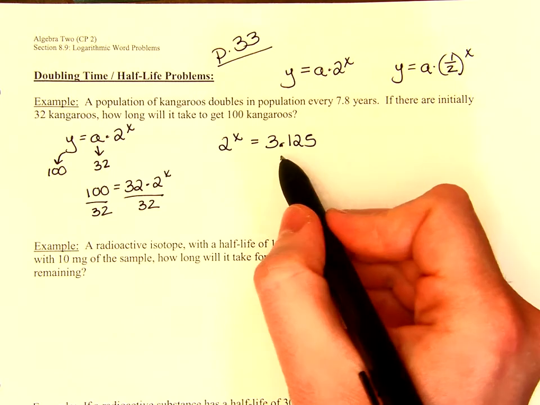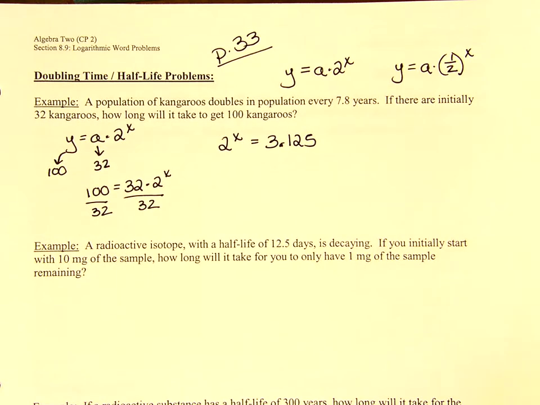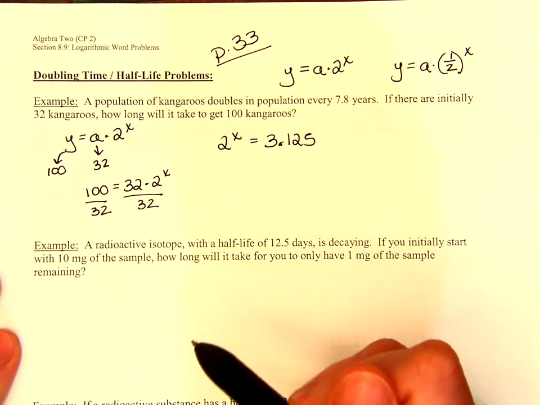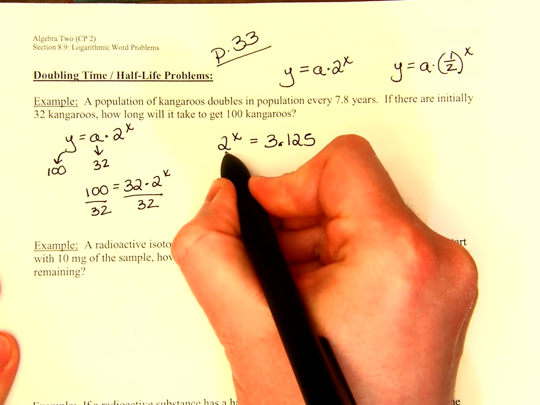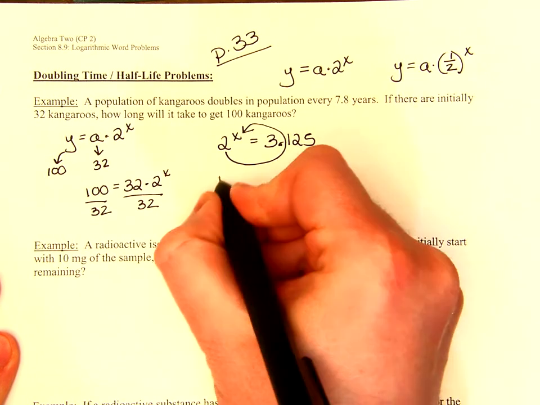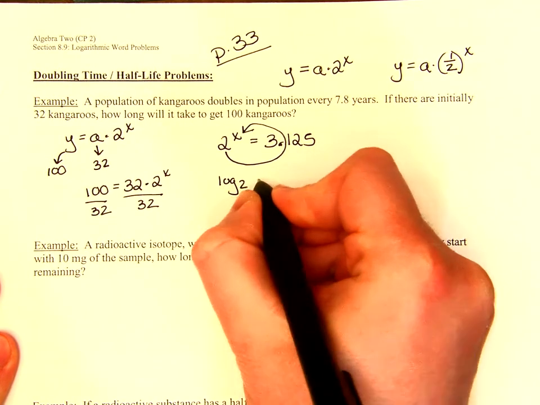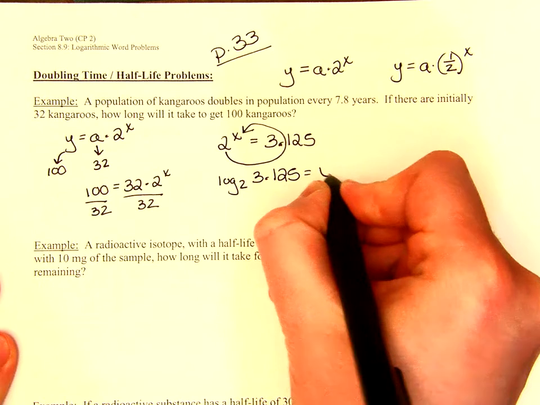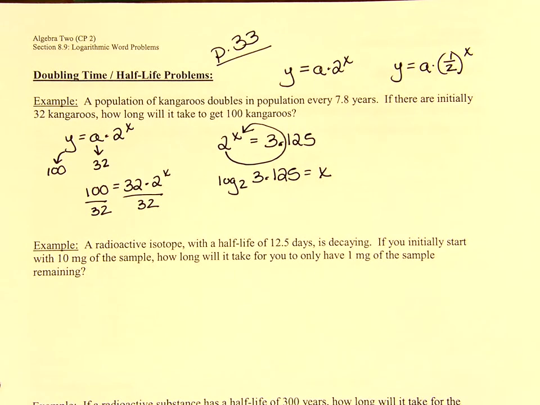You could also leave that as 100 over 32 if you'd like. Well, now I'm going to take my exponential equation and rewrite it in log form. I'm going to say log base 2 of 3.125 equals x.